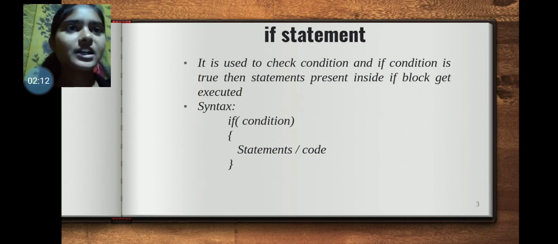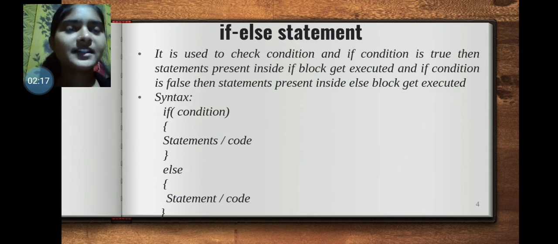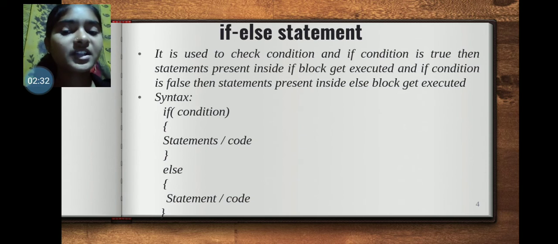So we see our next type, that is if else statement. In if else statement, the condition is checked. If the condition is true, then the if block statement is immediately executed, and if the condition is false, then the else block statement is executed.